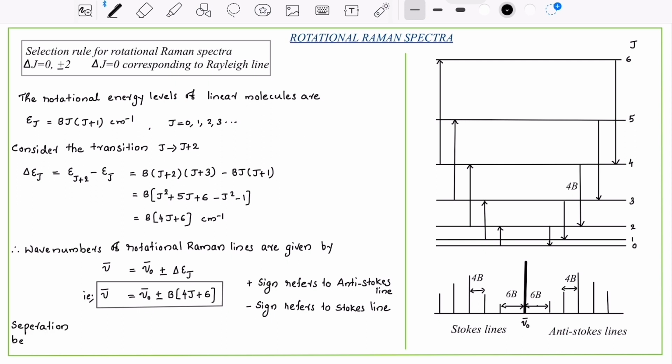The separation between any two consecutive Stokes lines is 4B, and the separation between any two consecutive anti-Stokes lines is also 4B. But the separation between the first Stokes line and the first anti-Stokes line is 12B.